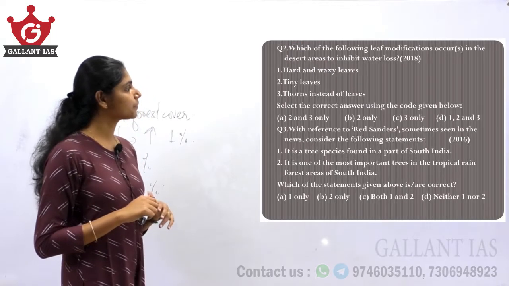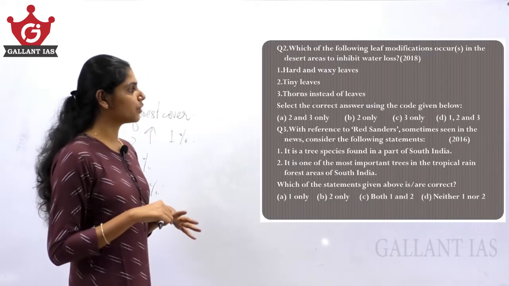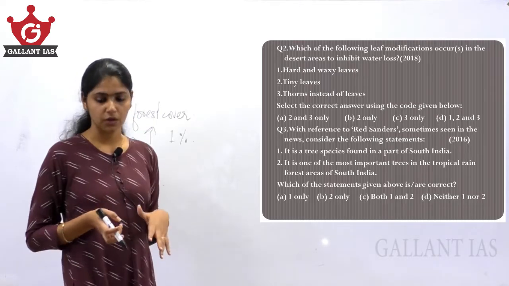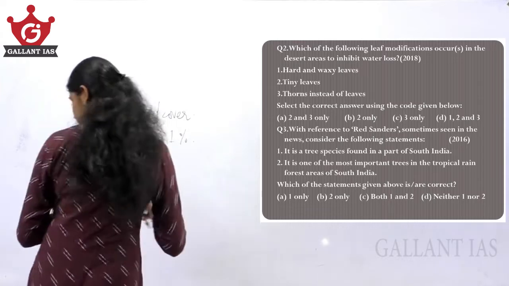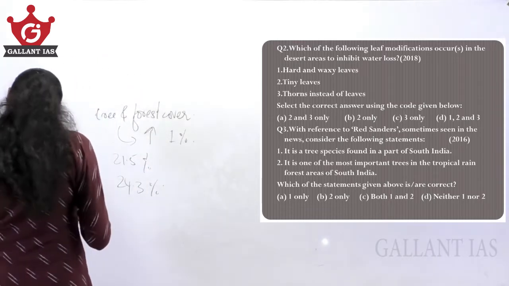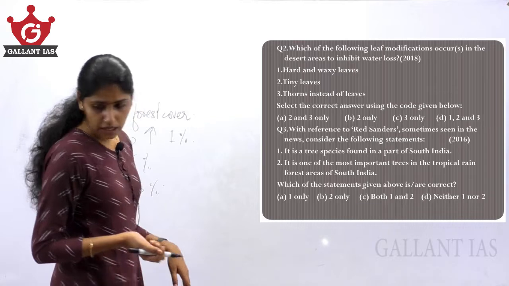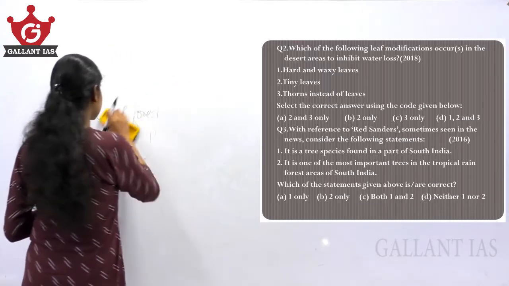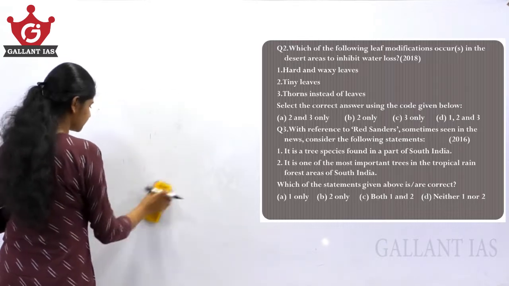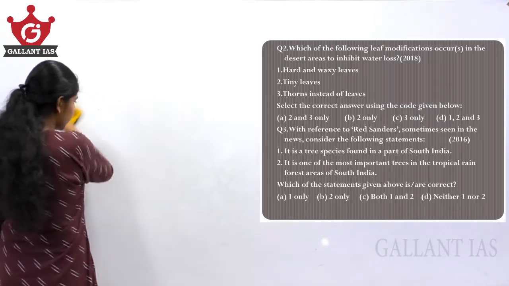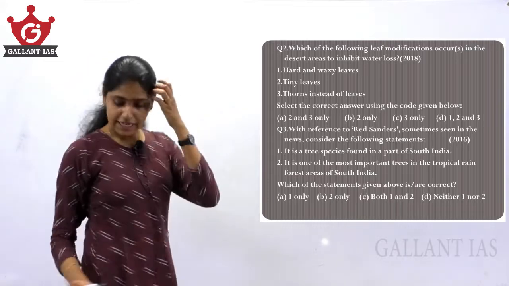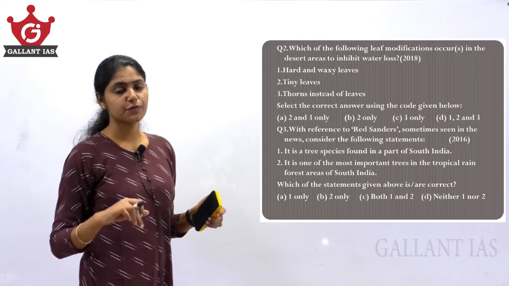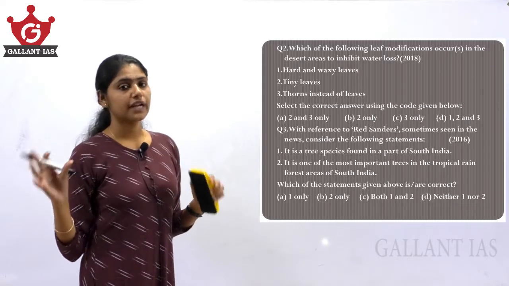Second question. Which of the following leaf modification occur in the desert areas to inhibit water loss? So this particular question is asked, we can say it is from the biome module. Like we can say it is asked from the desert. Okay, desert biome, the xerophytes or the plants that we see in the deserts are having certain modifications or adaptive features for surviving in that drier conditions.